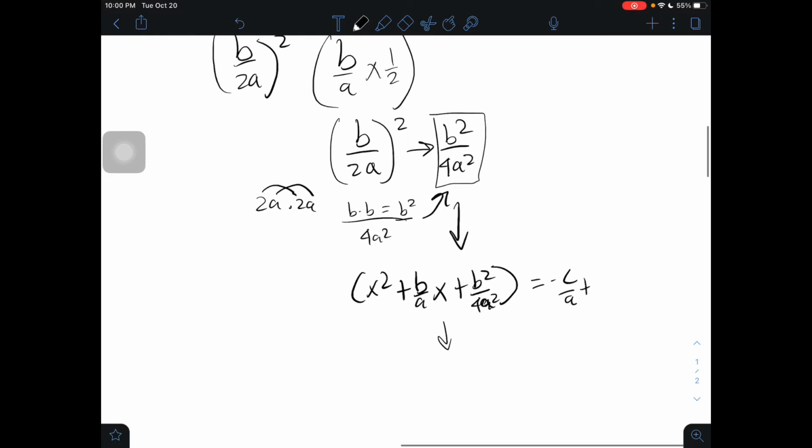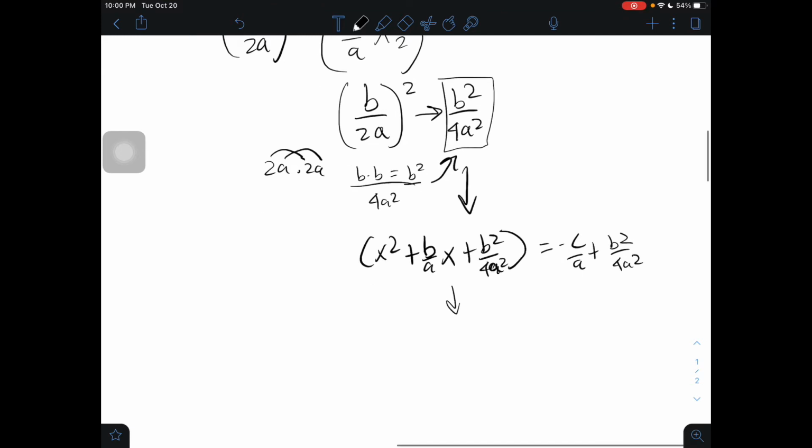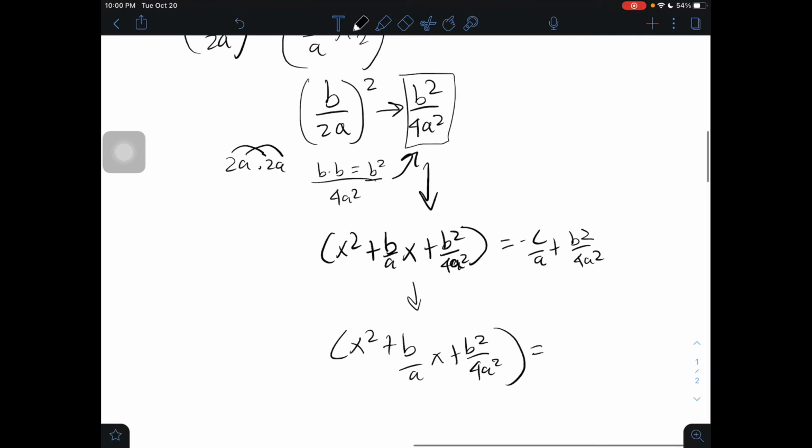Now we still have our left side as being the same: x squared plus b over a x plus b squared over 4a squared equals, now we see that our first fraction and our second fraction have two different denominators, and in order to add fractions together, the denominators must be the same.